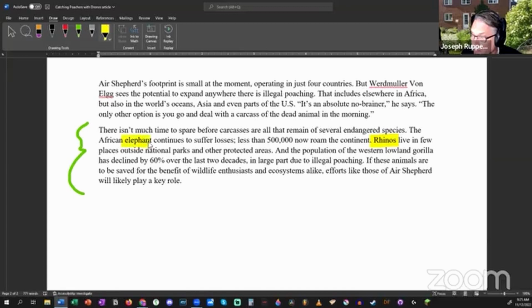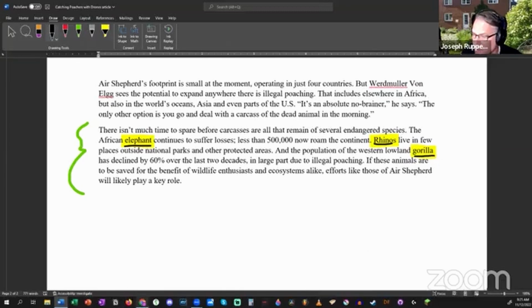We have elephant and gorilla, right? So I see they're talking about these animals, and these must be animals that are commonly targeted by poachers. So the African elephant, rhinos, and the gorilla.